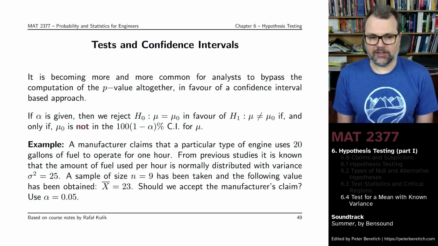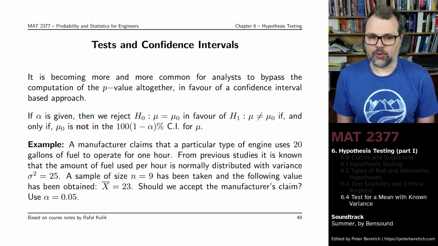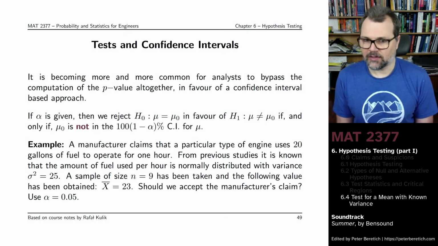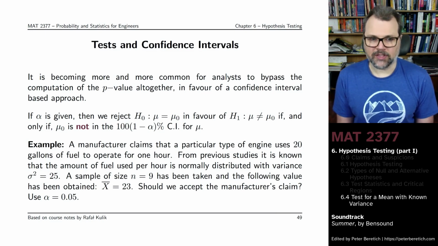That's sigma squared, that is known. You take a sample of size n equals 9 from the data, and you obtain a sample mean of 23. So the 9 engines that I've picked actually required 23 gallons of fuel on average to operate for 1 hour.